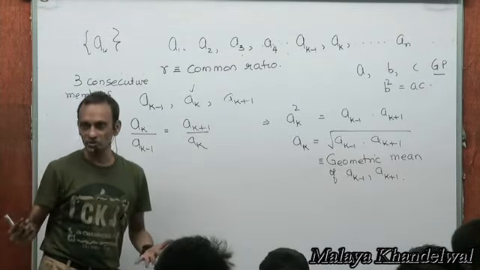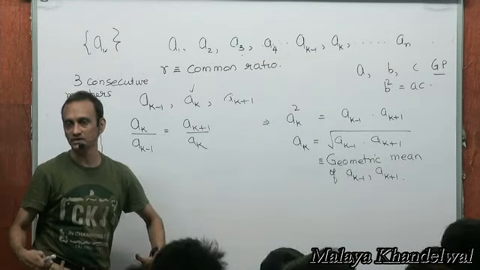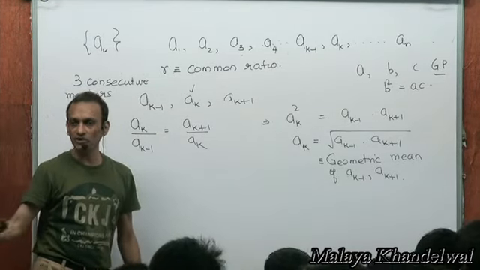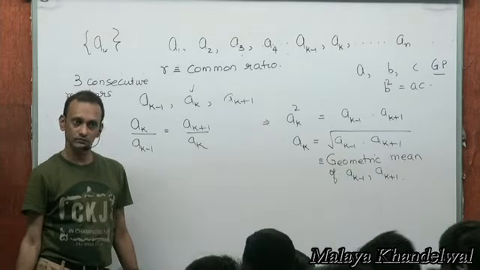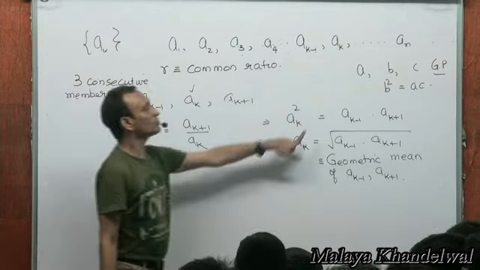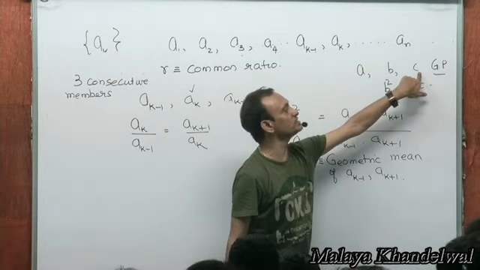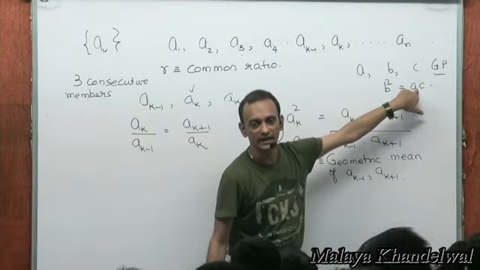See, that's one of the possibilities. I'm saying this is one possibility. One of the possibilities is that B could be the geometric mean of A and C. Right? So, if A, B, C are in GP, then B squared must be AC.